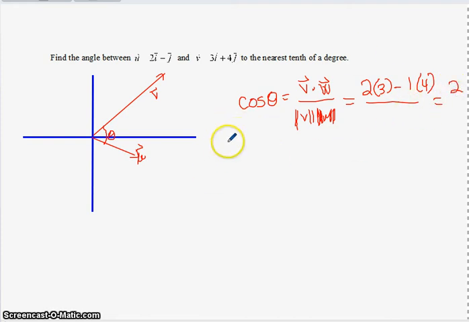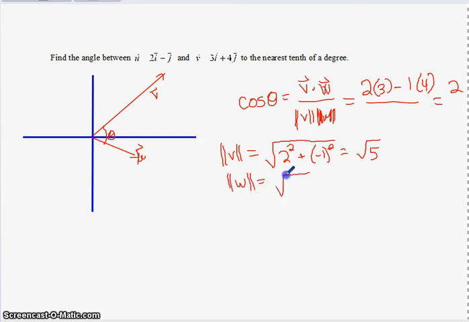Now, find the magnitude of u. Well, let's see, we have 2i and a minus j, so that's going to be 2 squared plus negative 1 squared, and that's going to wind up being square root of 5.